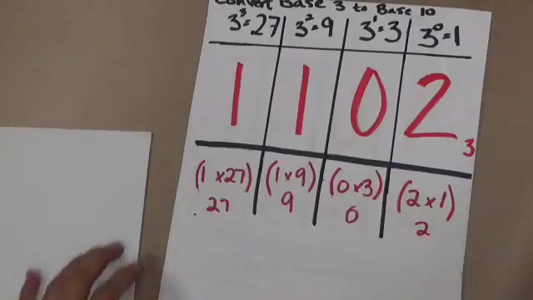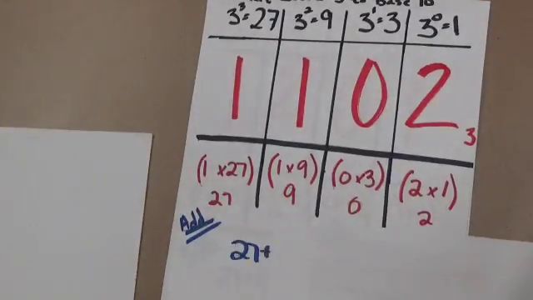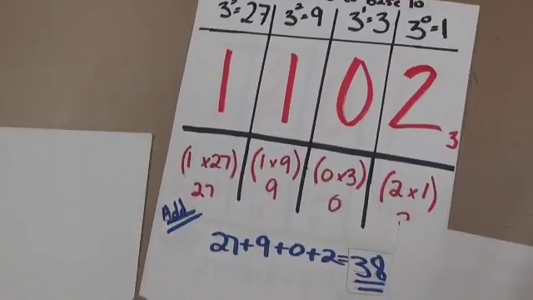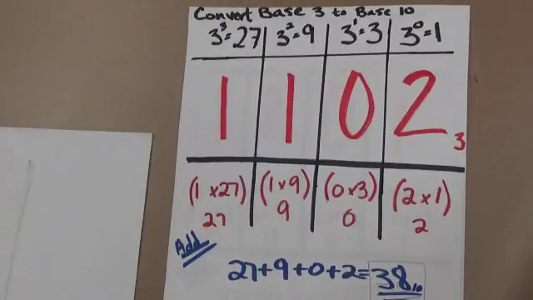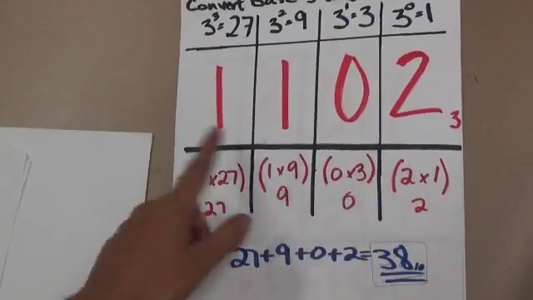Once we get the products, we're going to add them. So 27 plus 9 plus 0 plus 2 is 38, and that is your base 10, and that's the decimal of this base 3 number.